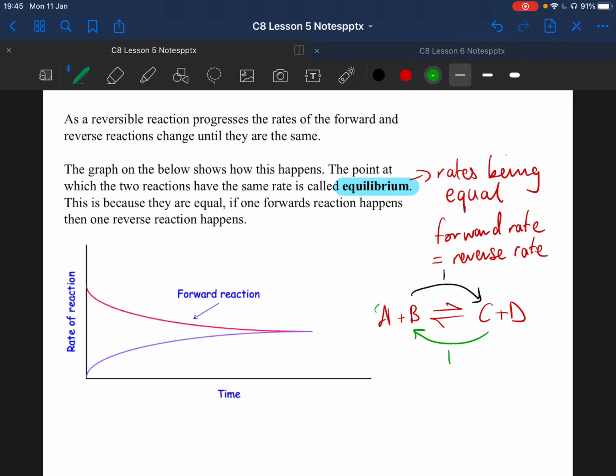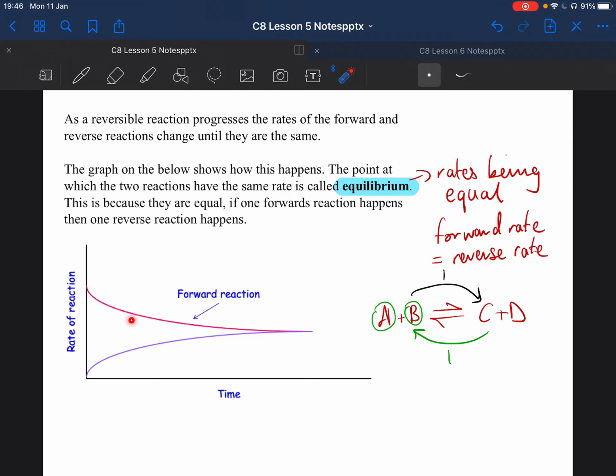If we had one molecule of A and one molecule of B creating one molecule of C and one molecule of D, at the exact same time we would have a molecule of C and a molecule of D becoming a molecule of A and a molecule of B. So we have these reactions happening together at the same rate. That's what happens when a reversible reaction reaches equilibrium. The forwards rate is exactly the same as the reverse rate, or the backwards rate.